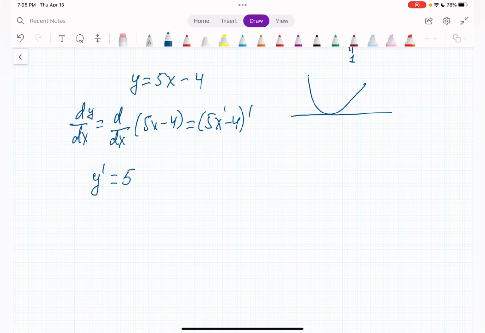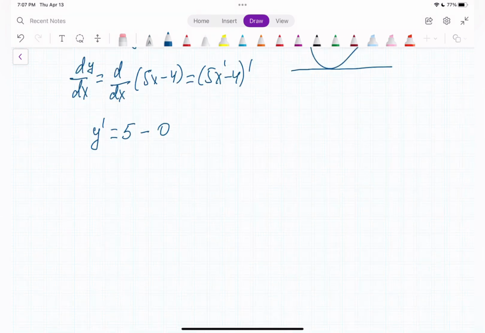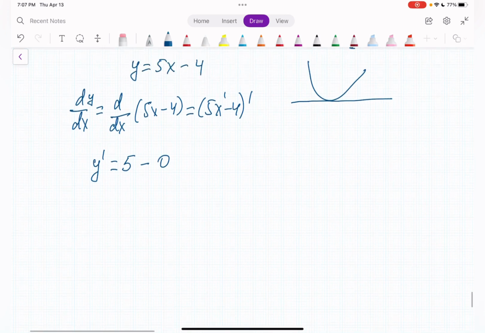Because x to the power 1, 1 minus 1 is 0, and 1 times 5 is 5. 5 minus 0, correct? And we said that the slope for the horizontal line is equal to 0. And the derivative is representing slope. So we should have 0 equal to 5 minus 0, or 0 equals 5, which is nonsense, which means there is no horizontal line.